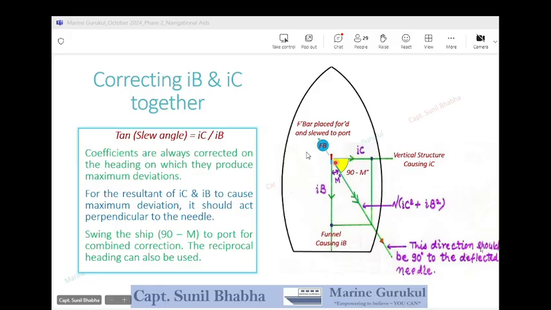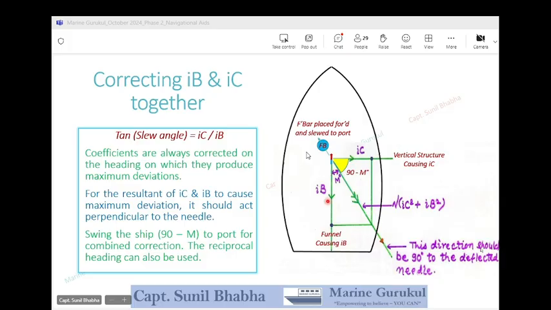We can find the magnitude of this resultant by using the Pythagoras theorem. It will be equal to the square root of base square plus perpendicular square, that is, the square root of IC square plus IB square, which gives us the magnitude of the resultant effect of IB and IC.